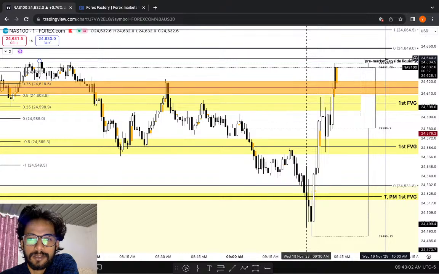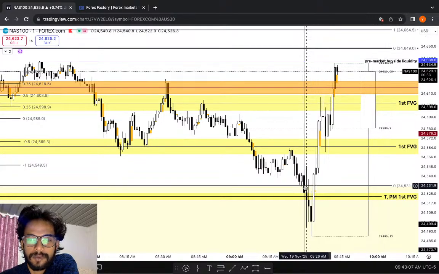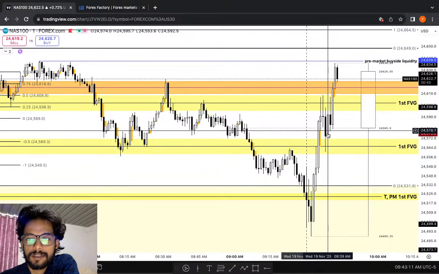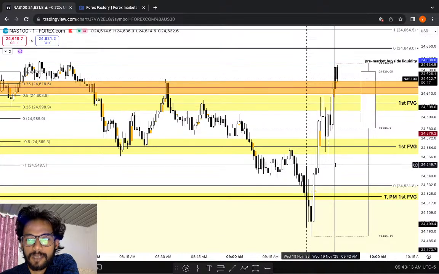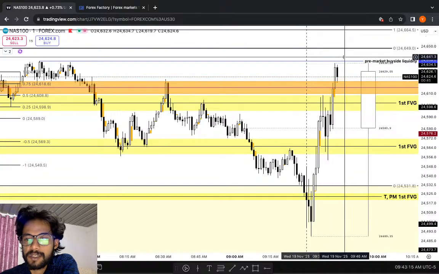But that is good. That was a good move. But with that, look how it retraces. A deep retracement, okay?